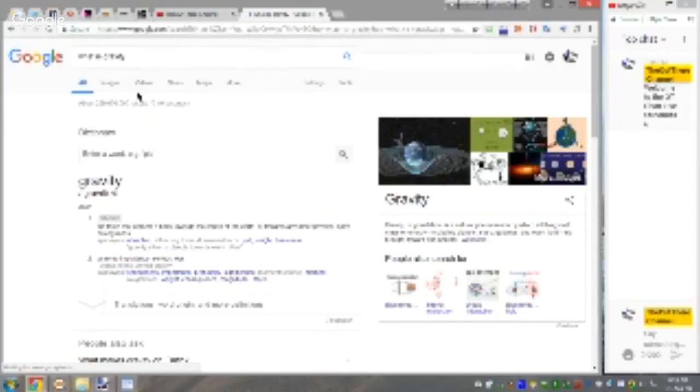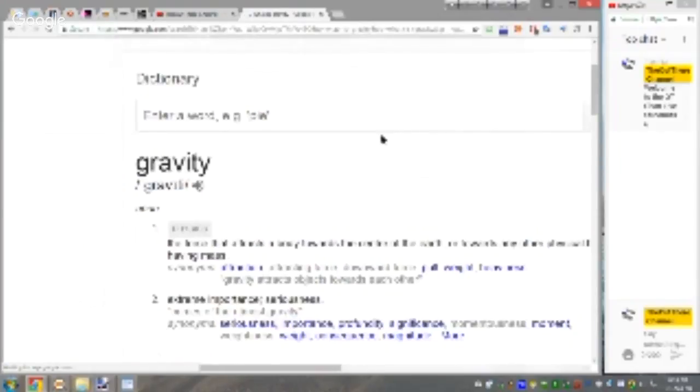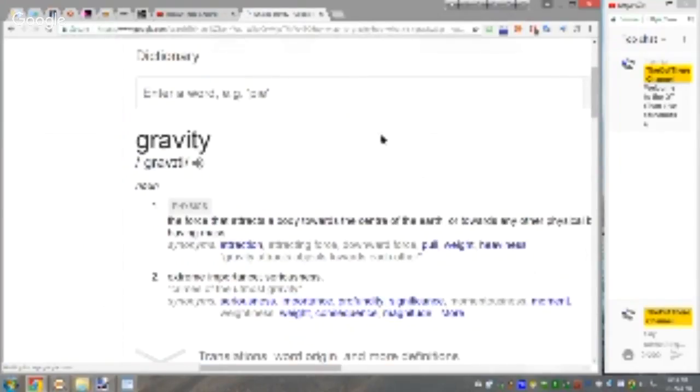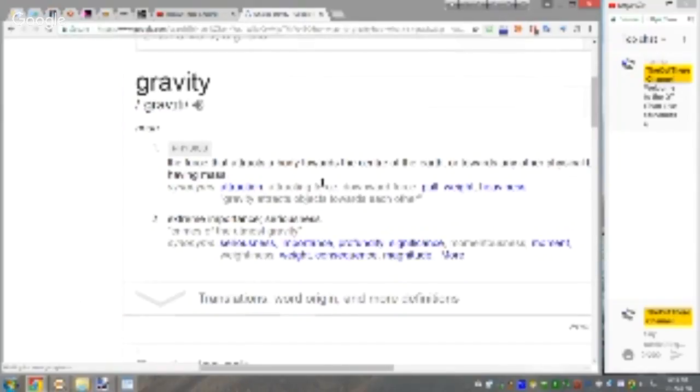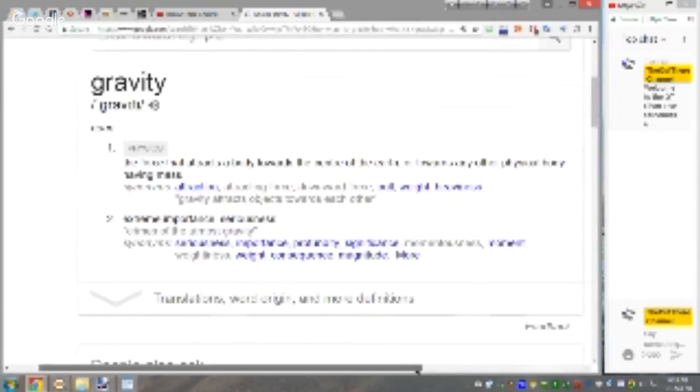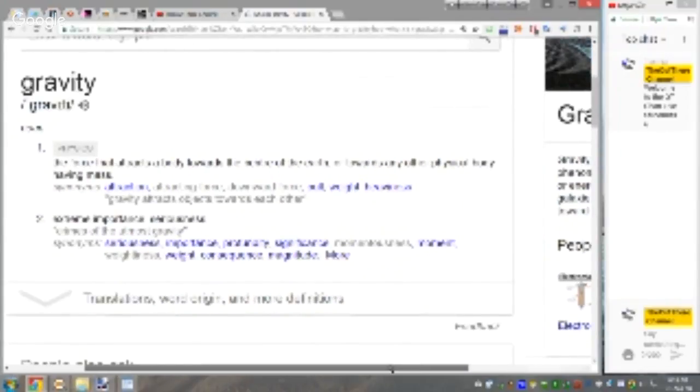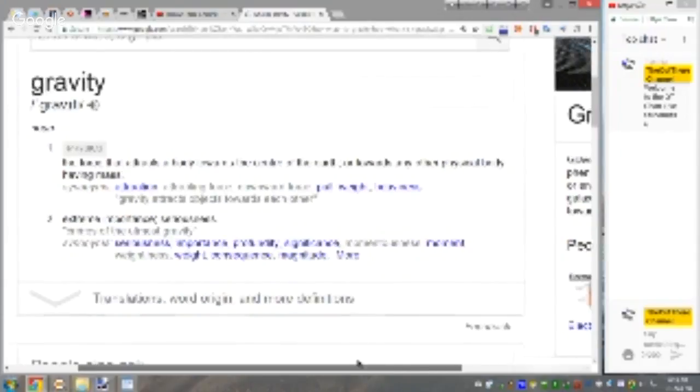It's all guesswork. Force that attracts a body towards the center of Earth or towards other physical body having mass.